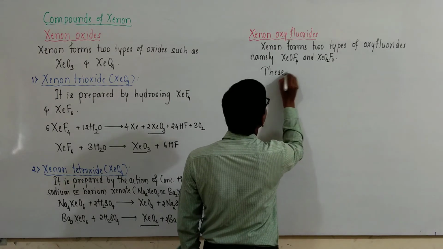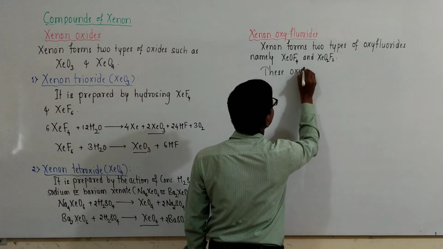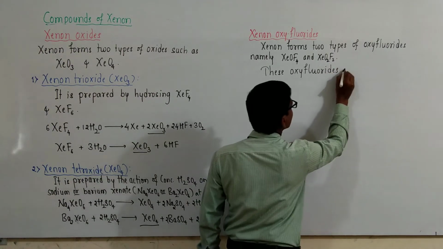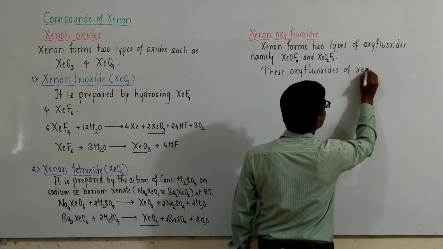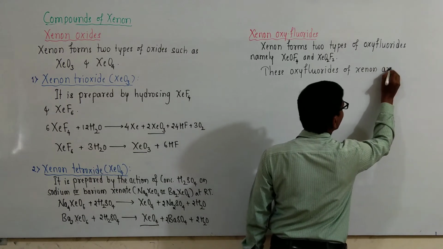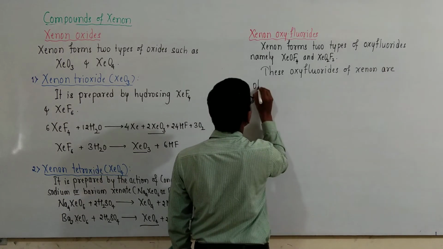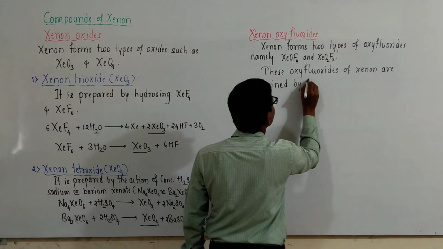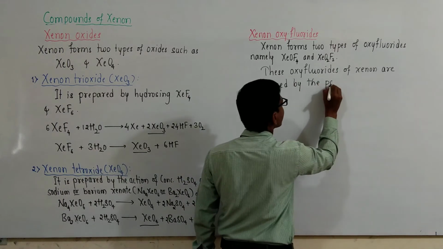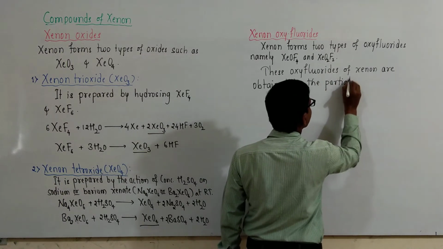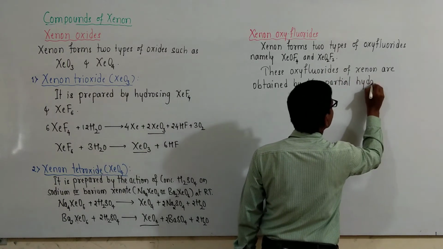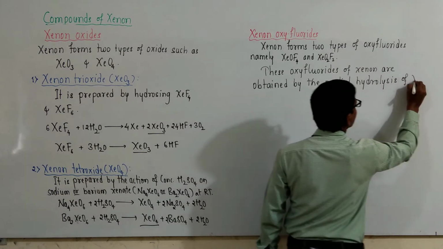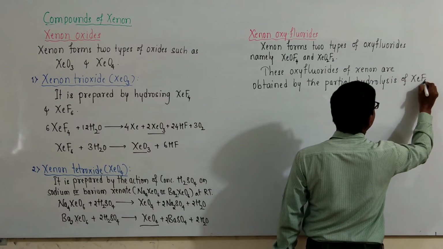These oxyfluorides of xenon are obtained by the partial hydrolysis of XeF6.